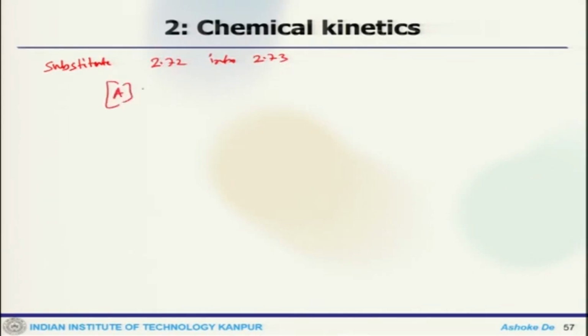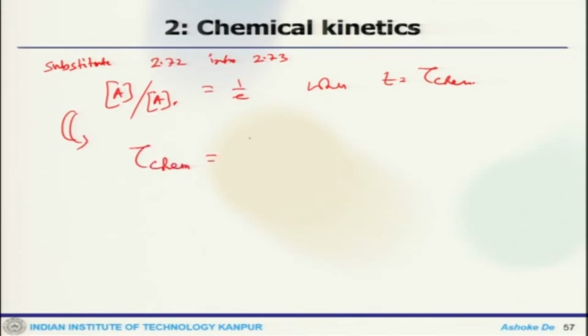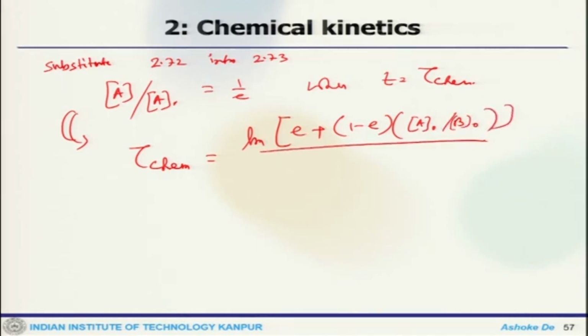So what you get is 1 by E when t is tau chem, which allows you to have tau chem equals ln((E plus 1 minus E) A naught by B naught) divided by (B naught minus A naught) K bimolecular.